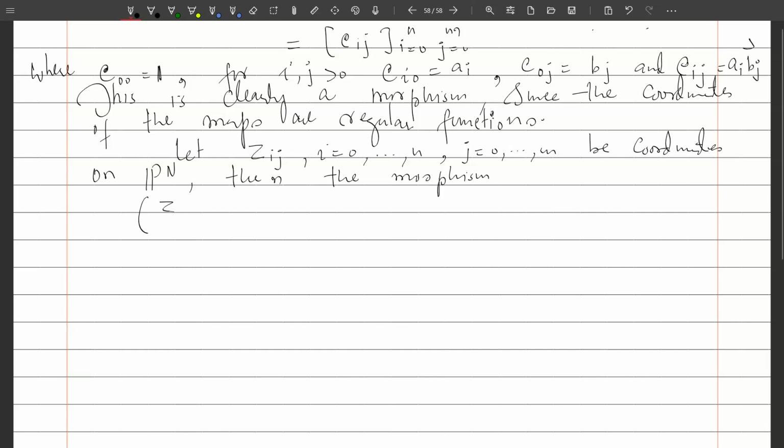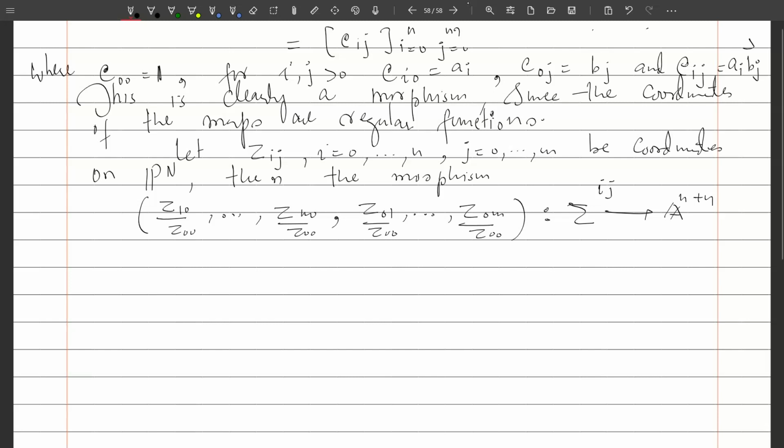So let us define this by z10 by z00 up to zn0 by z00. Similarly, z01 by z00 up to z0m by z00. Now this is a morphism because each of its coordinates is a regular rational function and hence regular. So this is the map from the image of sigma ij to An plus m.